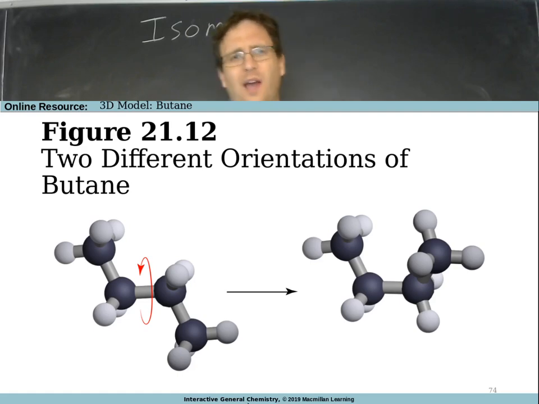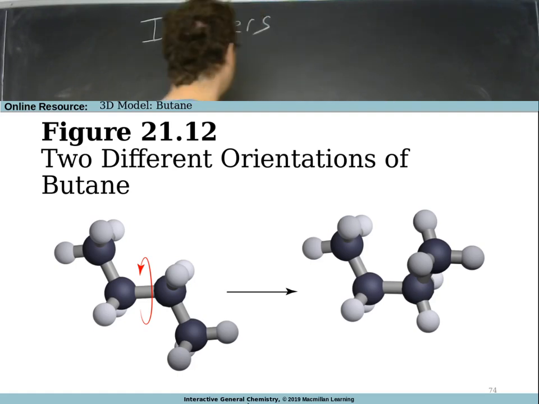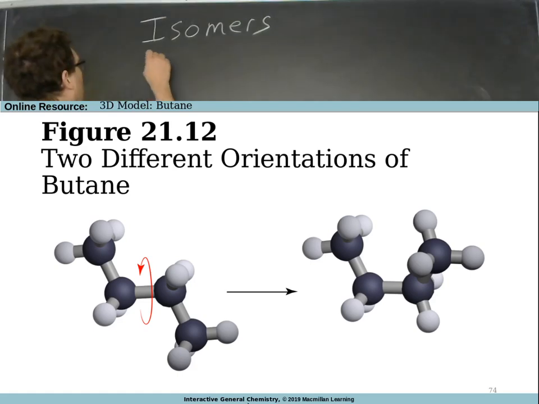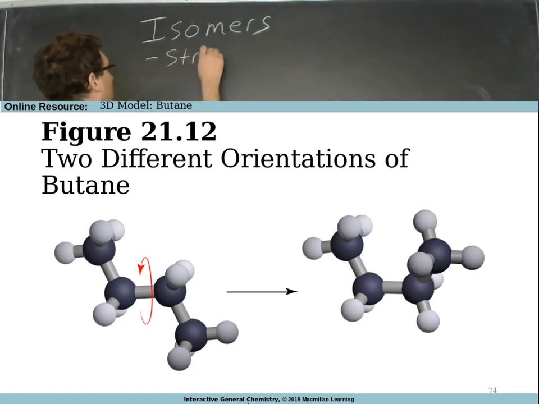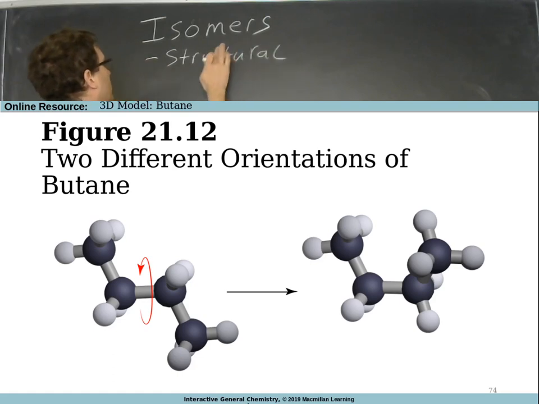The isomers that we've looked at so far that have different bonding arrangements of atoms are actually just the simplest type of isomer. They are called structural isomers.